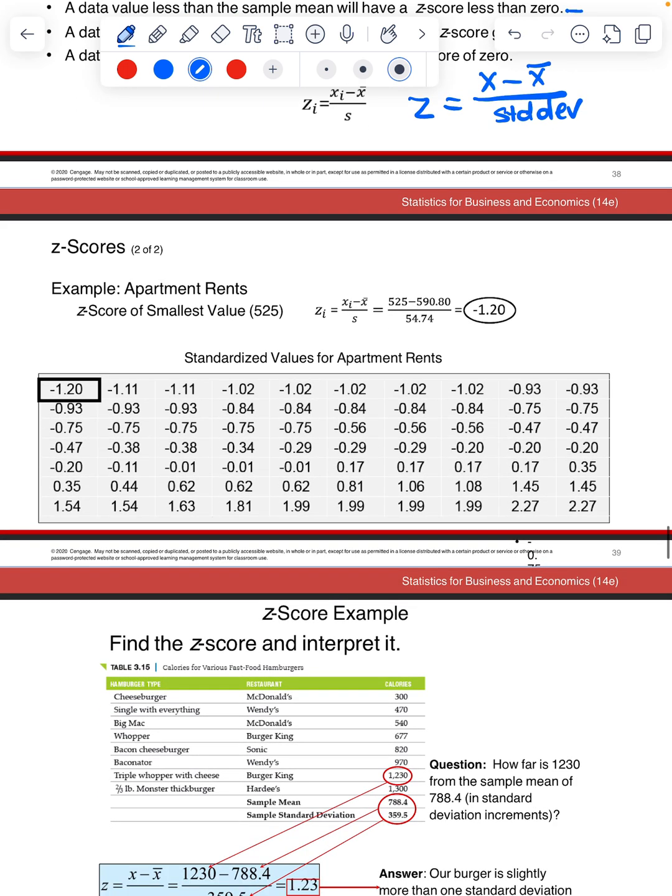And so here you have x, which is 525, minus your mean apartment score of 590.80 over your standard deviation of 54.74, and you get a negative 1.20 z.